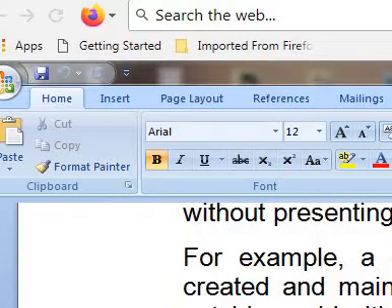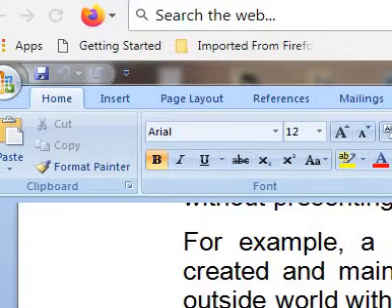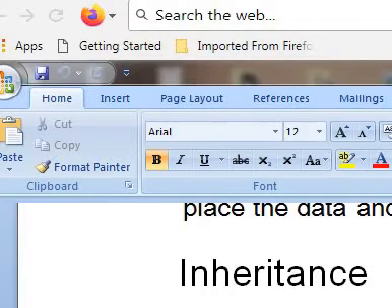So encapsulation means combining both data and behavior, the functions, in a single unit. That unit is known as a class. So that is encapsulation.